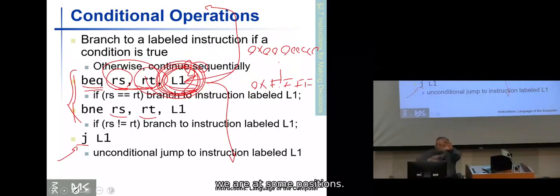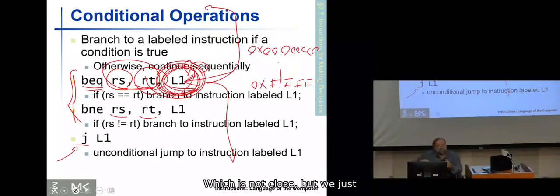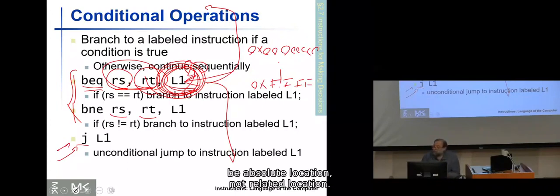We are at some position, and we would like to go to another location of the memory which is not close to that. We just want to go to another module, for example. What to do? So this instruction should be an absolute location, not a relative location. Okay. So if this is absolute, how many bits does L1 have?